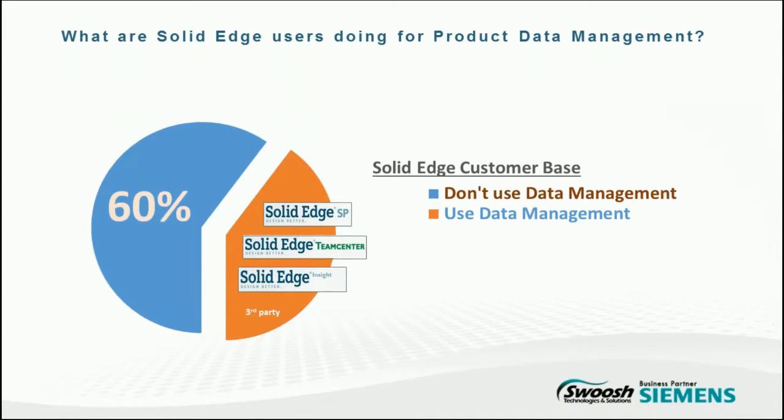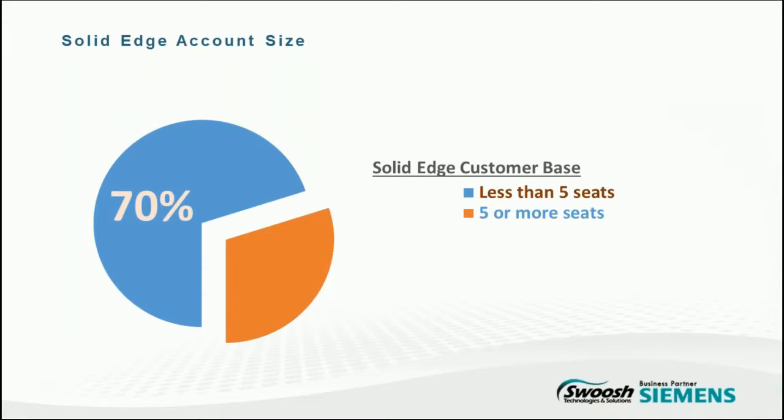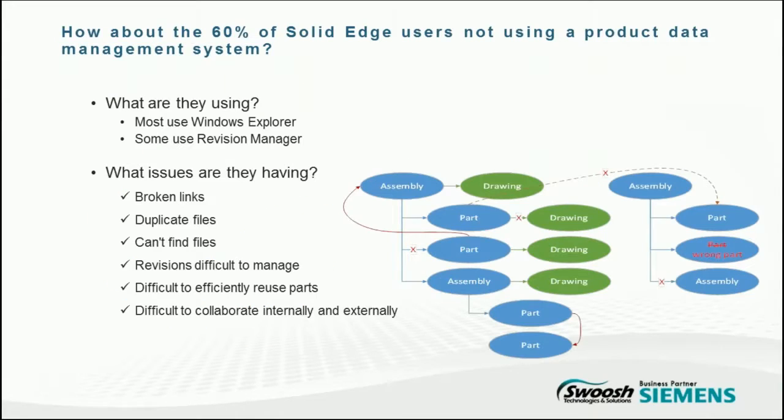The ones that do use one of the products I listed on the previous page or a third-party package. Another interesting fact about our user base is that 70% of them have fewer than 5 licenses, which is really the focus of their strategy, making sure they can handle the low number of users all the way up to the high number of users.